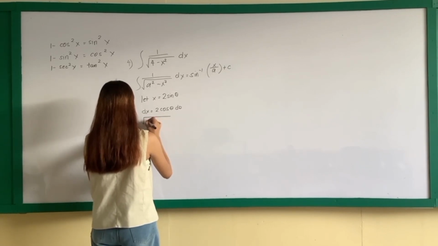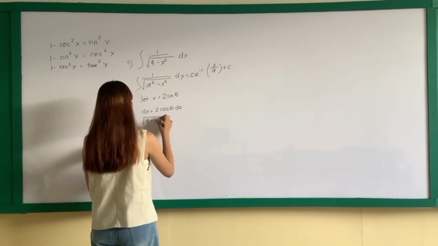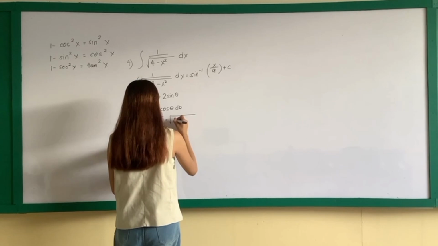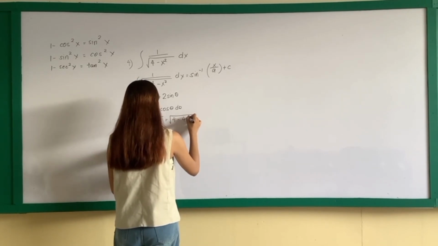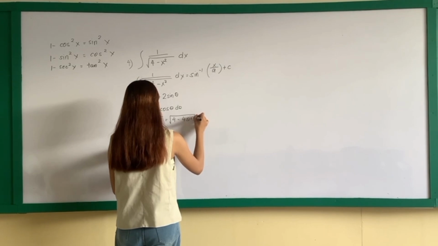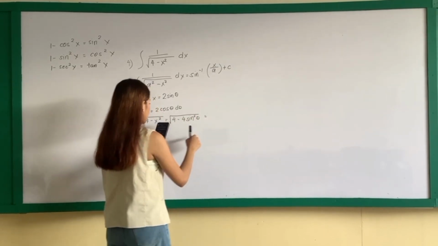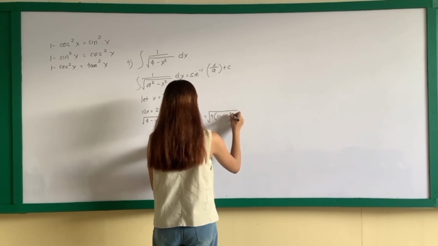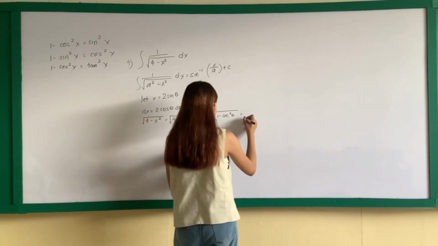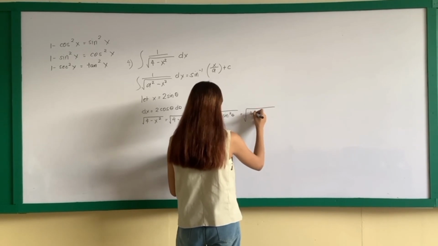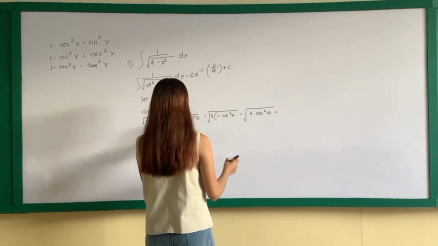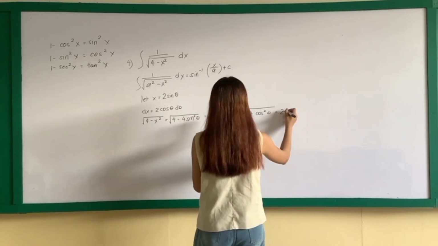So the square root of 4 minus x squared is equal to the square root of 4 minus 4 sine squared theta, equals the square root of 4 times the quantity 1 minus sine squared theta, equals the square root of 4 cosine squared theta, and that is equal to 2 cosine theta.